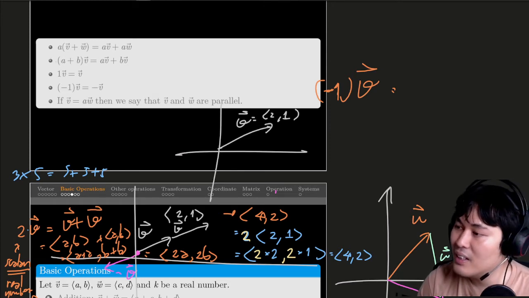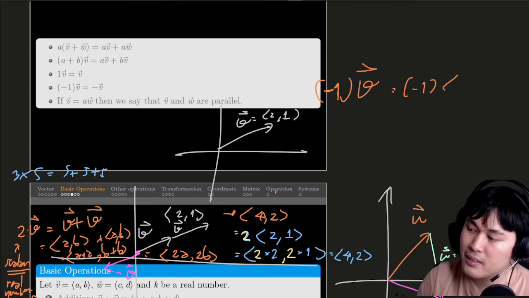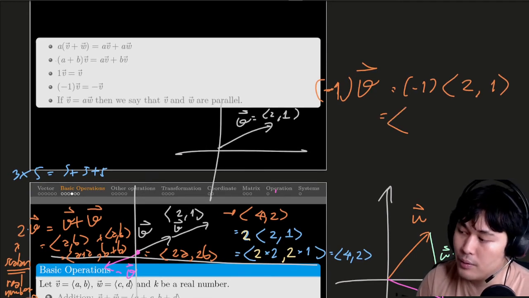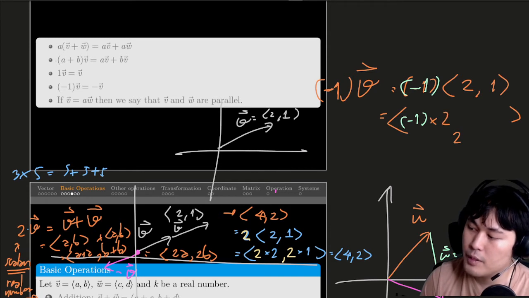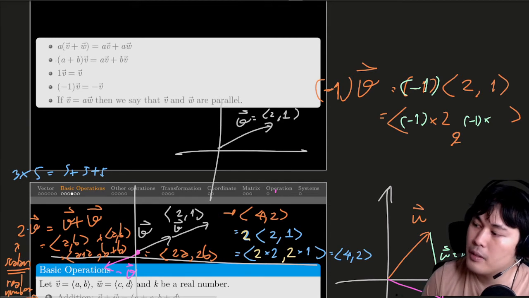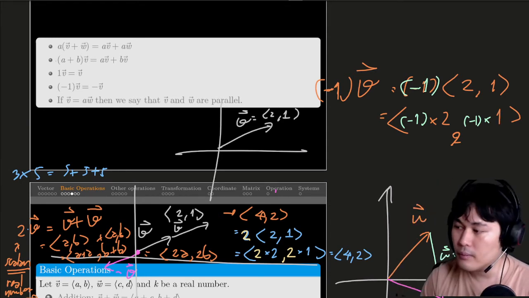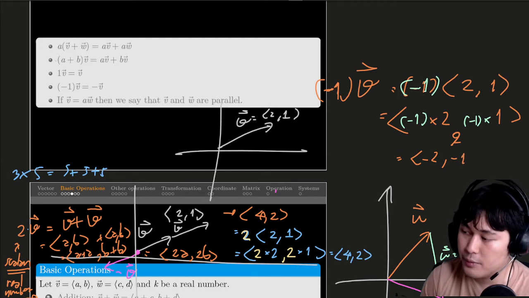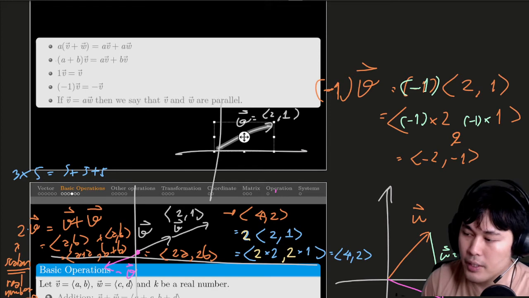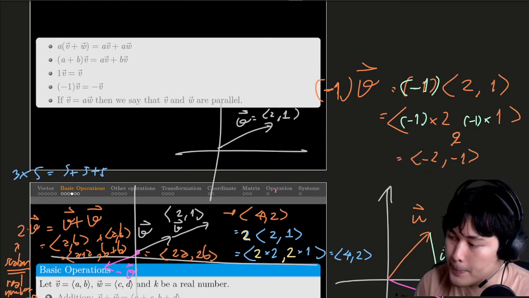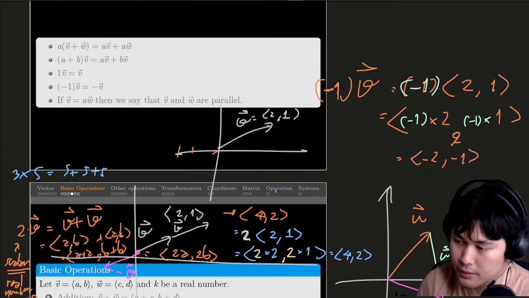From the definition we have there, you distribute this number -1 inside. You have -1 times 2 for the first component, and then -1 times 1 for the second component. So you have -2 and -1. And if you go back to the graph and draw this vector, -2 means 2 steps back and 1 step down. So that's the result.